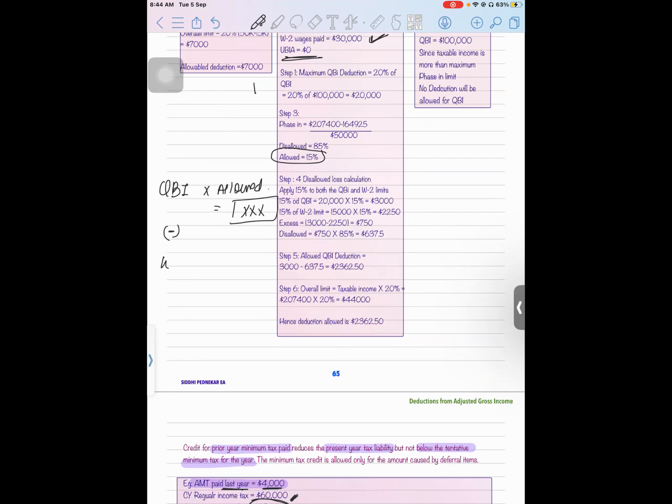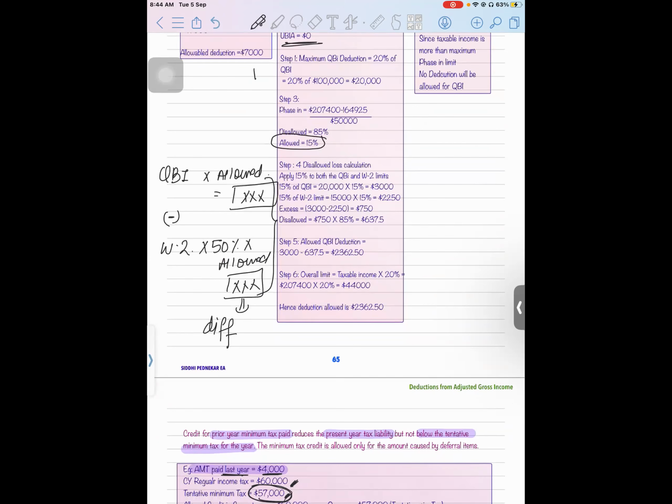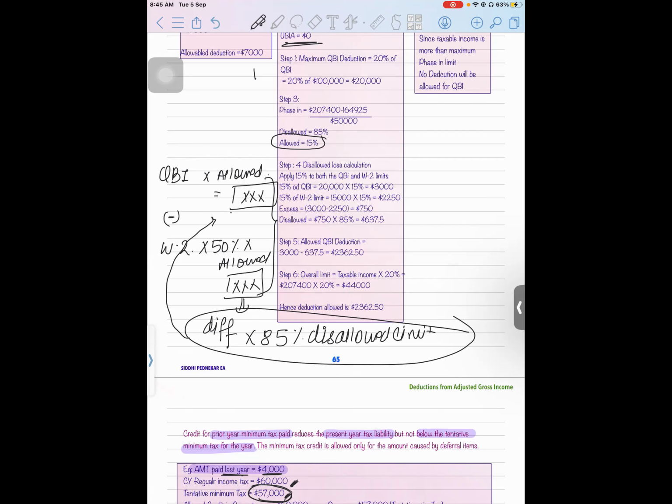Then we have W2 into 50% into allowed limit. Okay. So these two's difference you are going to take, right? And whatever is the difference, you are going to multiply it by 85%, that is the disallowed limit. This disallowed limit will be reduced over here. This amount, whatever you're going to get, is your step 2 answer.